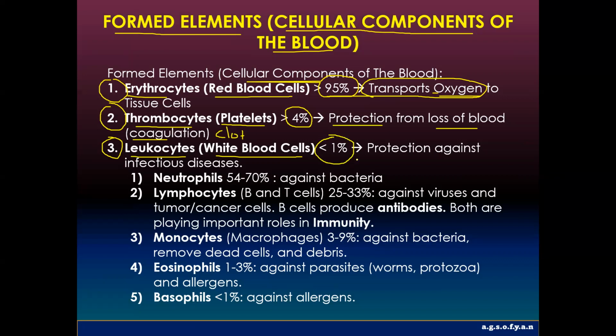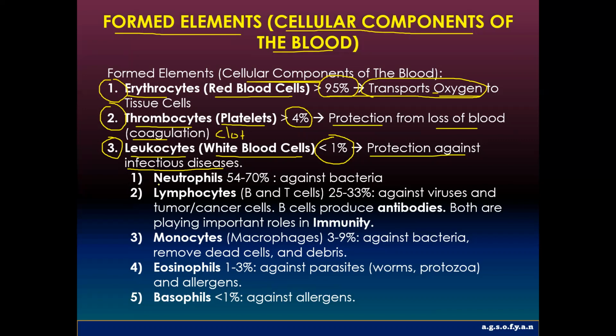The main function of this white blood cell is protection against infectious disease or infections. White blood cell itself, or leukocyte, consists of 5 different types.